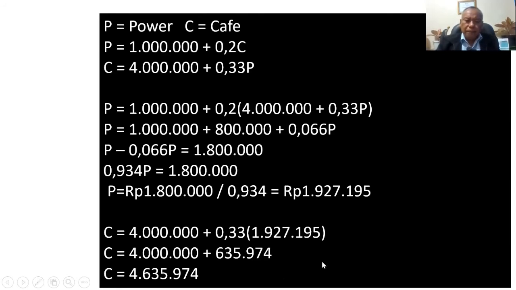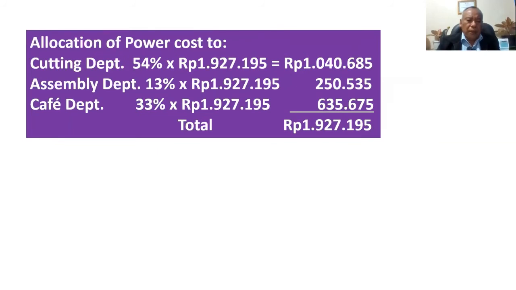And then after we find the allocated costs and the total costs for each service department, in this case this is for power and this one for cafe, we can allocate or distribute their cost to the departments that receive the services.